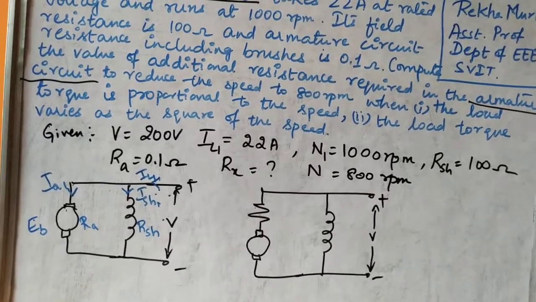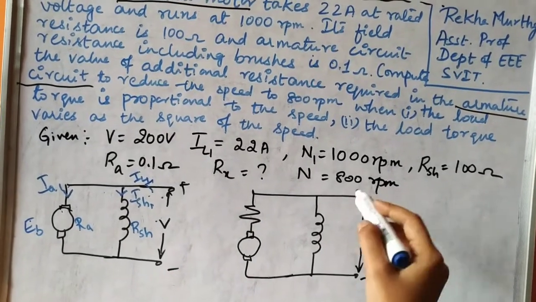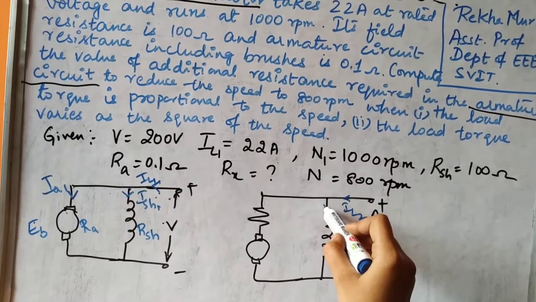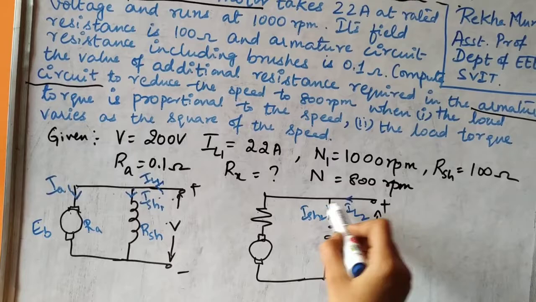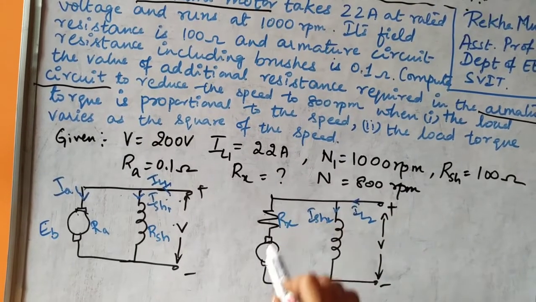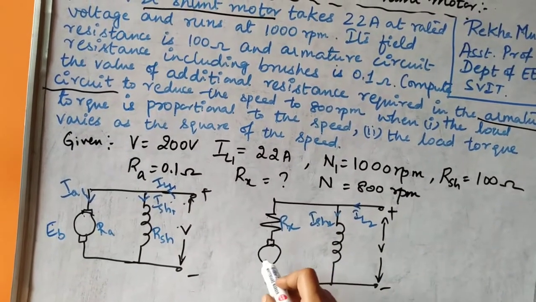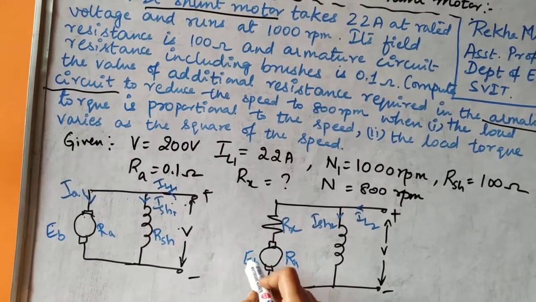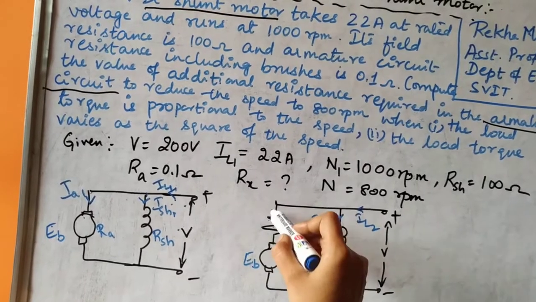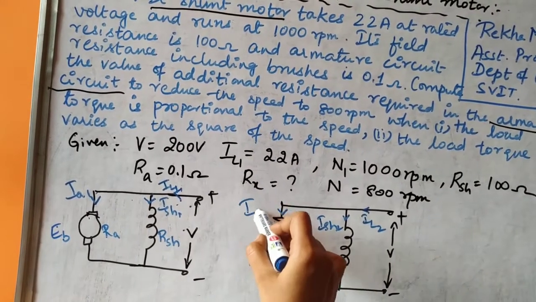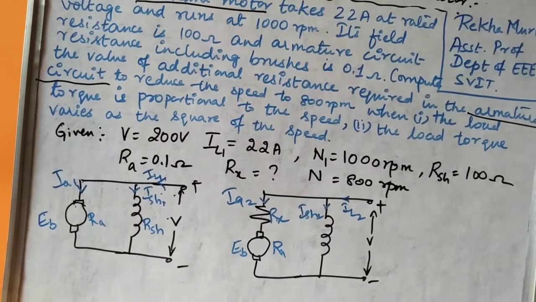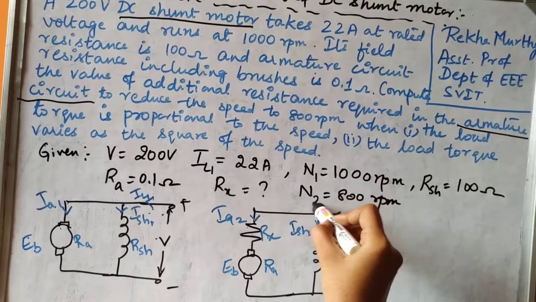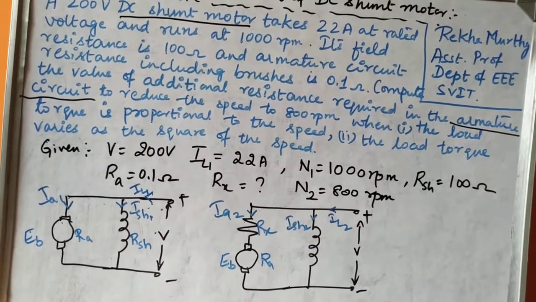Here let us denote the current as IL2, and this will be I shunt 2, and this is the Rx which we have to find out, which is in series with the armature, and the armature resistance is Ra and the back EMF EB. And the current which will flow through this will be IA2. For this the speed is reduced to N2, that is 800 rpm.